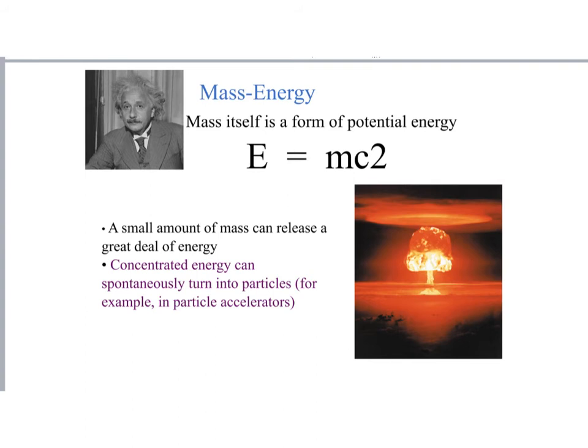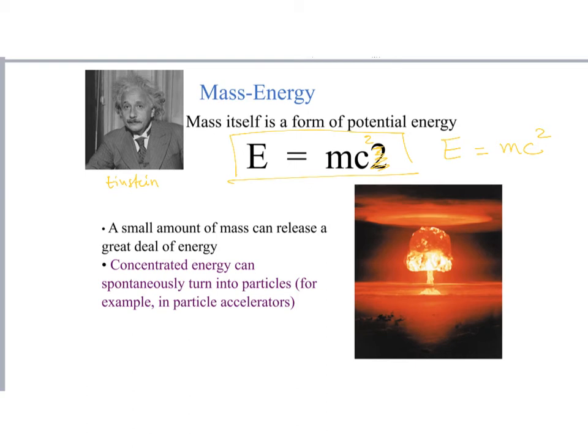And yet there is a different type of energy, and it's very important, and it was discovered by Einstein and is given by this formula. Let me write it again. E equals mc squared. I'm sure you have heard these words put together like this.